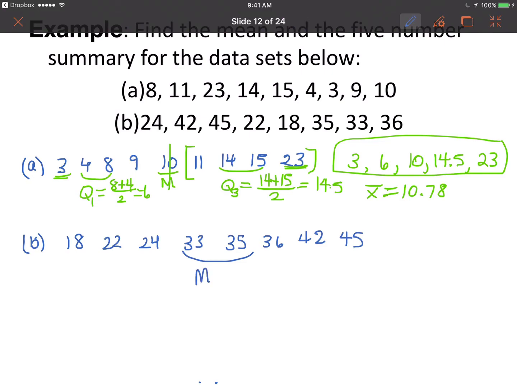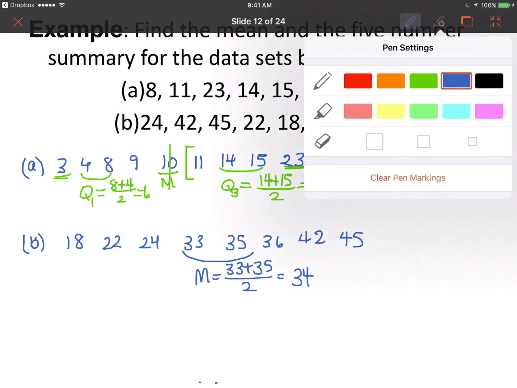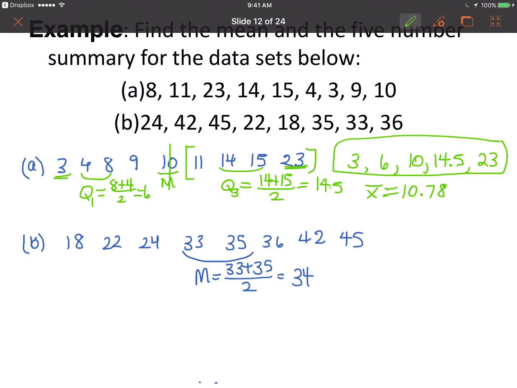So to find the median, I'm going to take 33 plus 35 and divide by 2. And let me switch colors. To find the quartile, you divide through the median to cut the data in half. So I'm going to cut it in half this way.